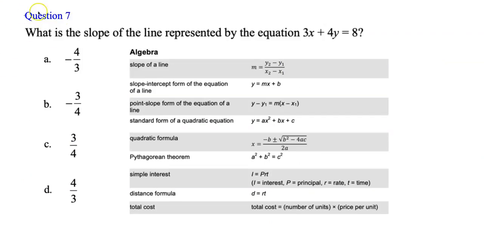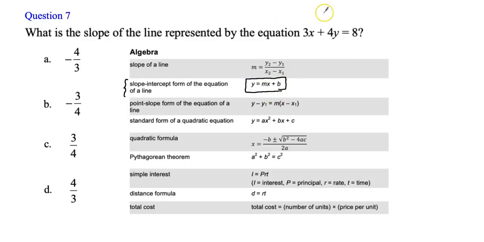Let's look at question 7. What is the slope of the line represented by the equation 3x plus 4y equals 8? Basically, this question is asking us to take this equation and write it in slope-intercept form. That's this form right here: y equals mx plus b.